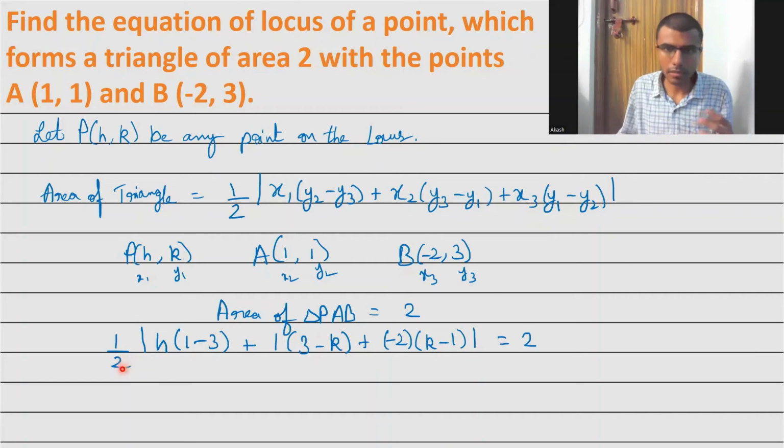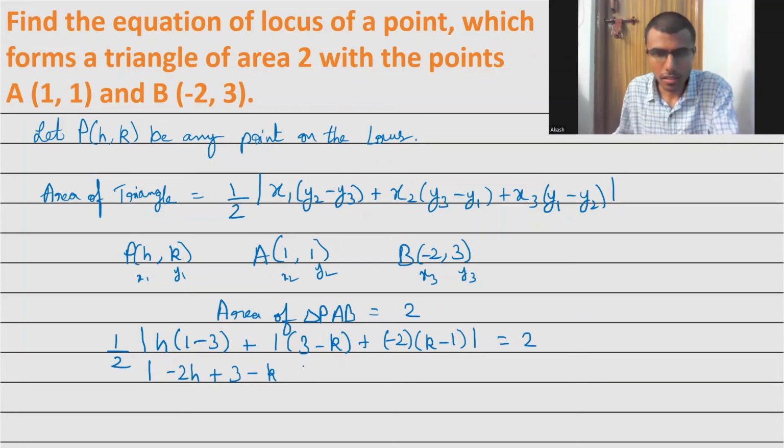Now this 2 is there, which is half, just send it to here. It will be 2 into 2, 4. Fine. Modulus of h into 1 minus 3 is minus 2, so it is minus 2h. So 1 into this would be the same, 3 minus k. Next, minus 2 into k is minus 2k.